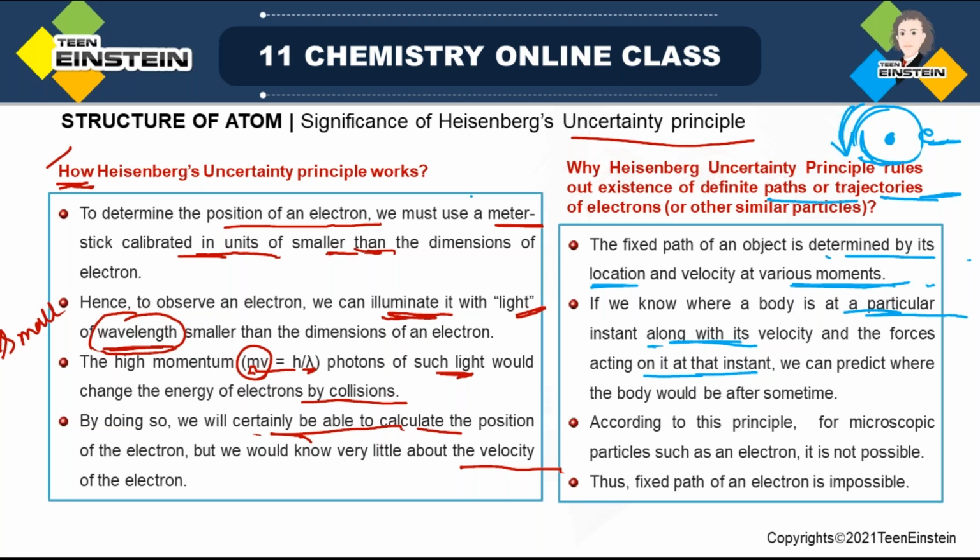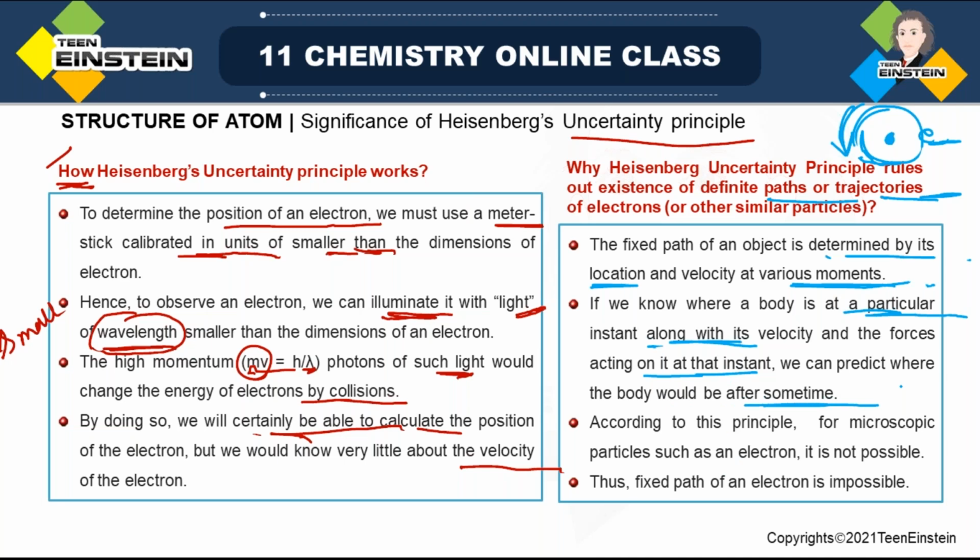So you have to know, with change in time, its next position. Suppose after 5 minutes, what is the position? After 10 minutes, what is the position? Then only can you know the trajectory.